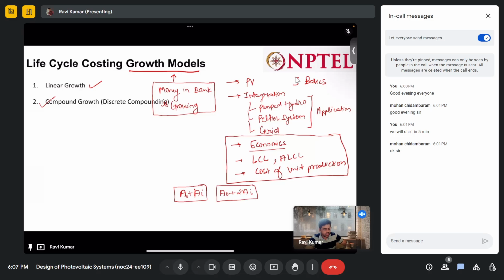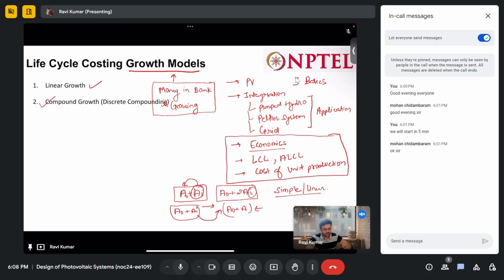It is based on the simple growth model, or linear growth, where the increase AI is based on A naught only. But in a compound growth, in the next year, the complete A naught plus AI becomes our principal amount, and then the growth I is applicable on this. We will understand this in the further slides.